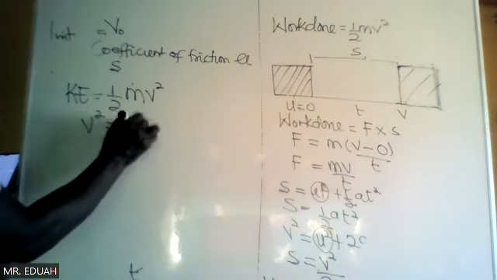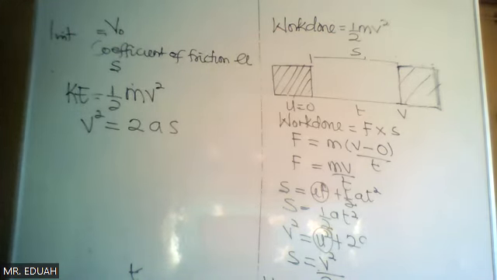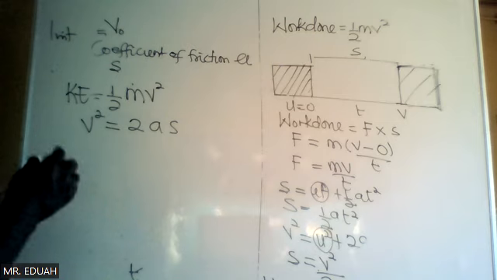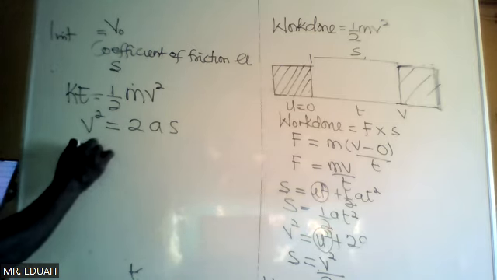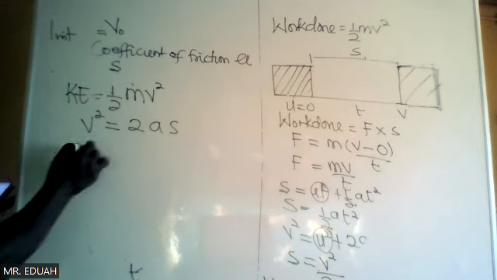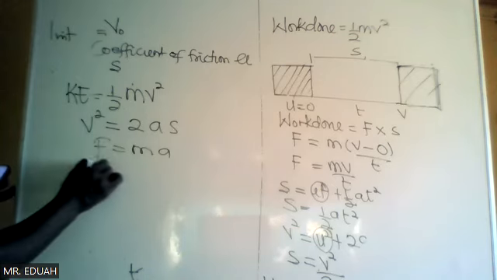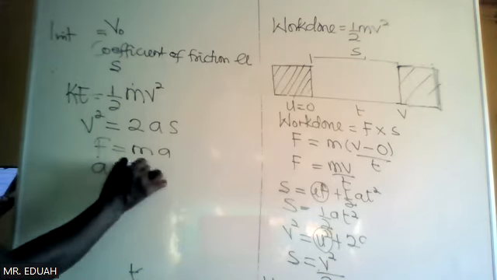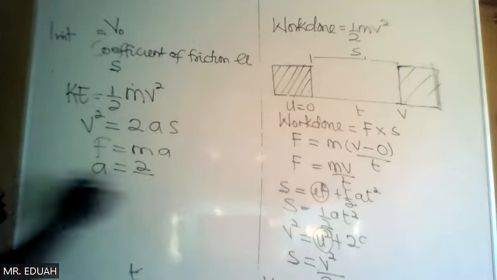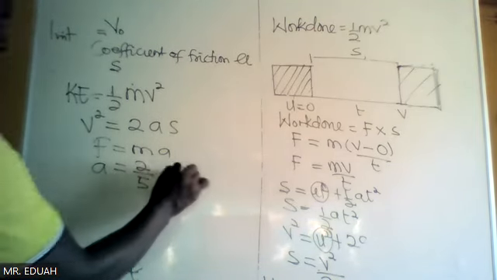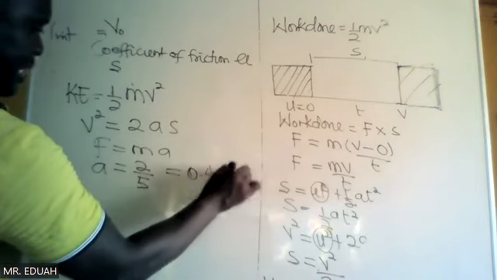Velocity squared is equal to 2as. I have the force, so if the force is 2 Newton, then a will be equal to 2 on the mass, which is 5, and this is equal to 0.4 meter per second squared.